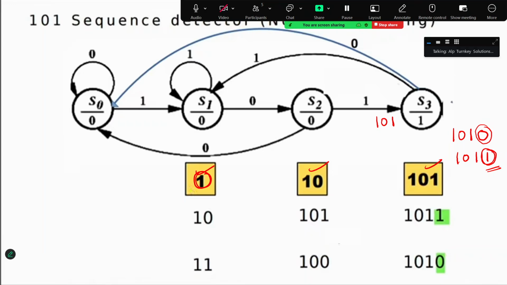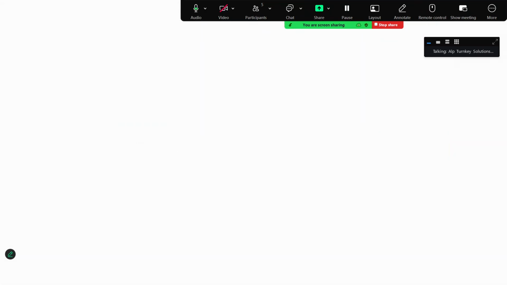Yes, sir. Okay, so like that, if you draw for the 100 sequence, first we'll see the overlapping sequence. Like this we'll try to draw.